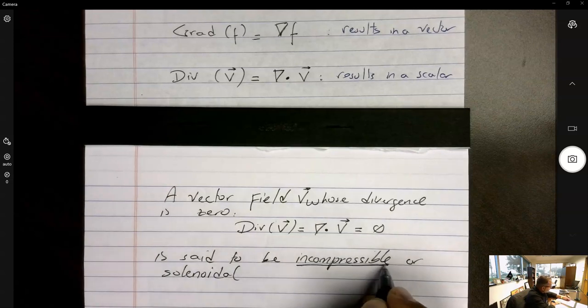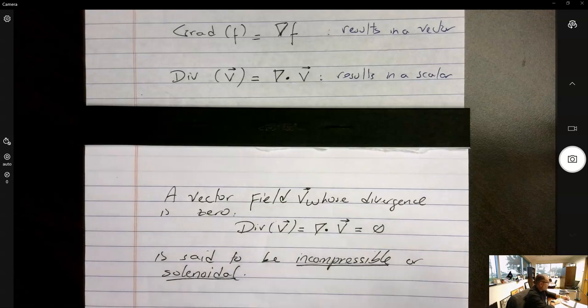Incompressible is used when you're talking about vector fields and fluid flow, and solenoidal more when you're talking about electric fields and magnetic fields.